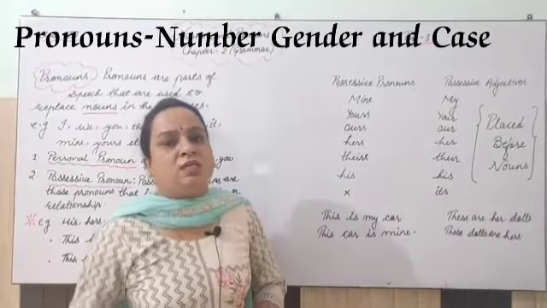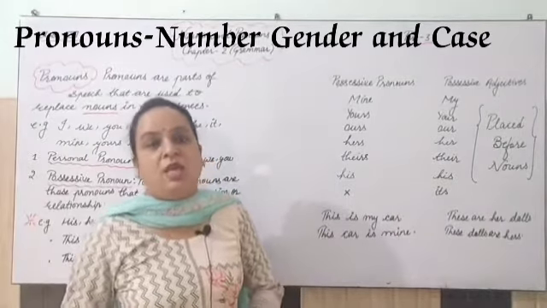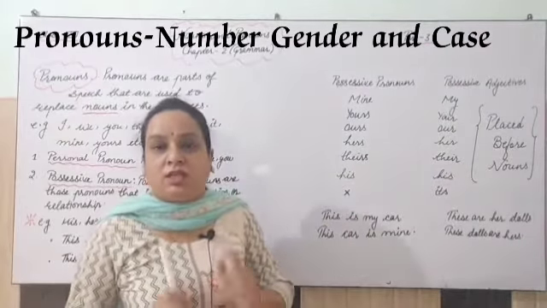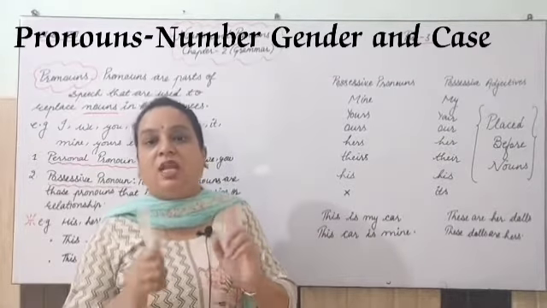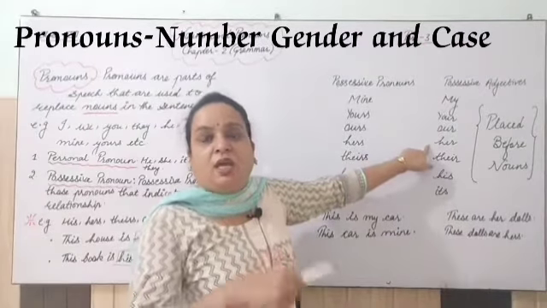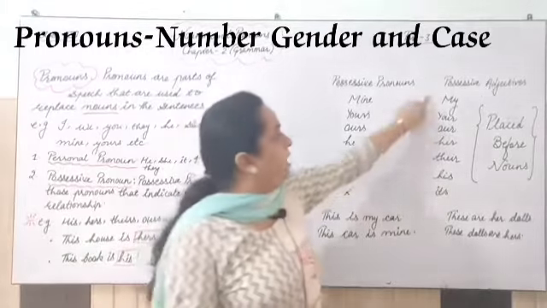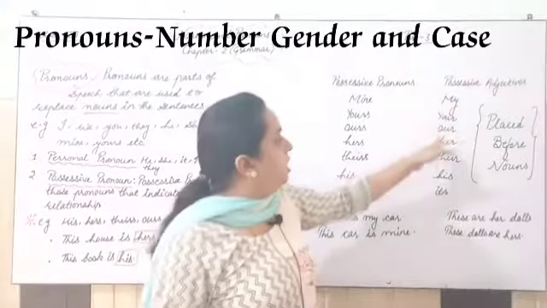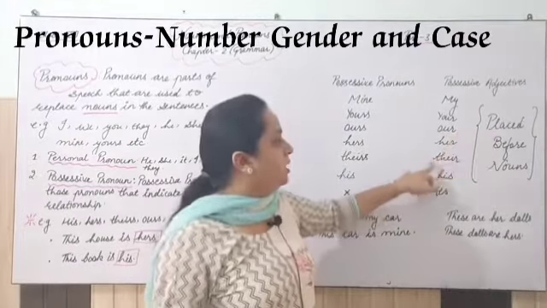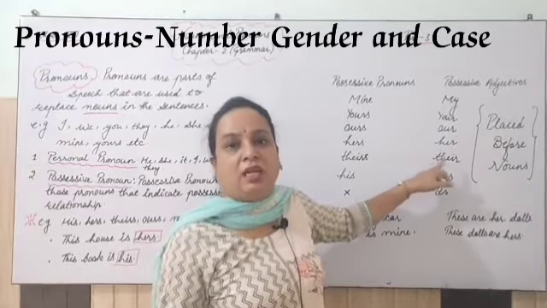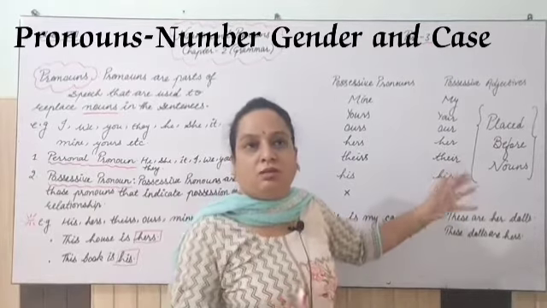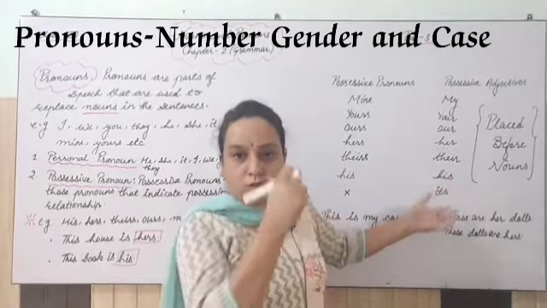Now the basic and very interesting difference you have to get is that adjectives are placed before nouns. Means there should be a noun after these words, like my mother, your cat, our house, her pen, pencil, their house, their class, their lesson, his car, its room, its sport, something like that.